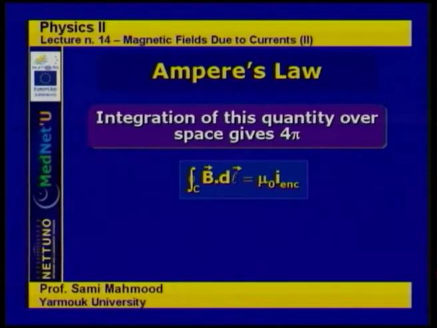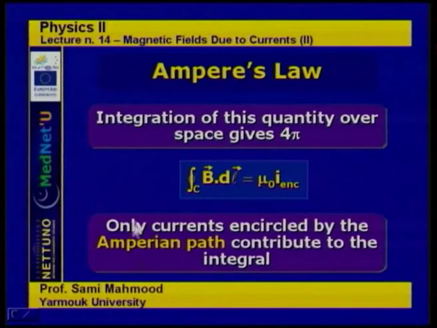So that gives us the result that the integral of B introduced by the current carrying conductor dotted with dl, integrated over an Amperian closed loop surrounding the current, is equal to mu naught times I enclosed by the loop, divided by 4 pi times 4 pi, which is simply mu naught I enclosed.